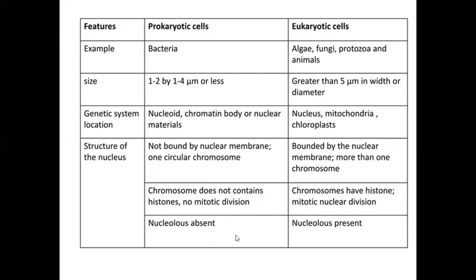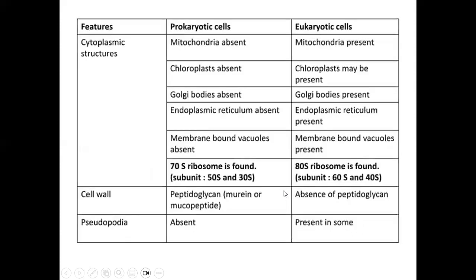Nucleolus is absent in prokaryotes, which is present in case of eukaryotes. Well-defined organelles such as mitochondria, chloroplast, Golgi body, endoplasmic reticulum, membrane-bound vacuoles are absent in prokaryotes while they are present in case of eukaryotes.